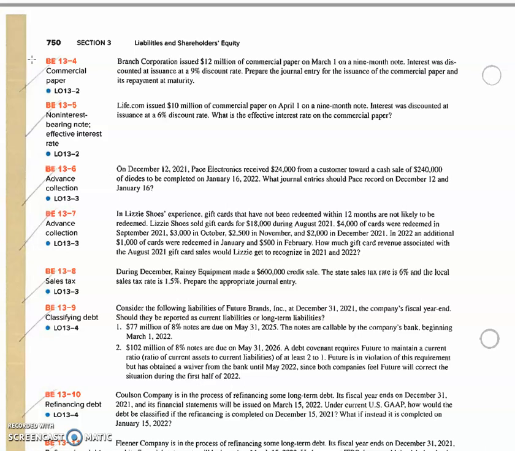So on March 1st, we have to record the sale of the commercial paper. $12 million. It was discounted at 9%, and it's a 9-month note. To calculate the amount of the discount, we would take $12 million times the 9% interest times 9/12 of the year.